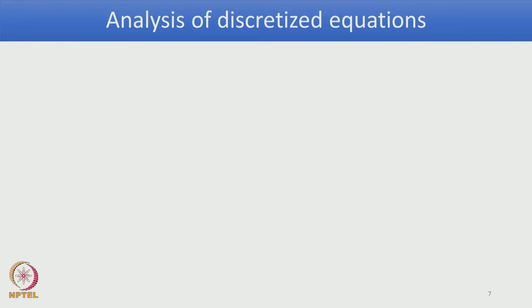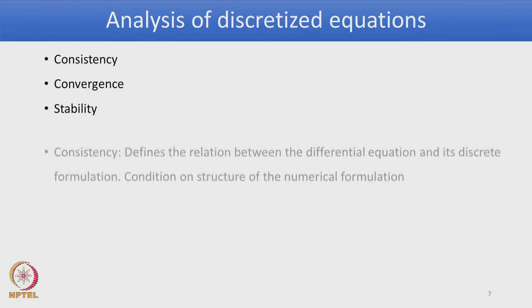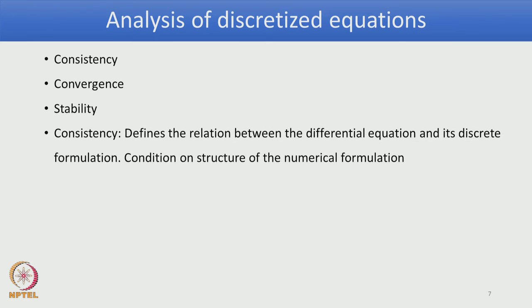Next, we go to the analysis of the discretized equation. We mentioned there are three aspects: one is consistency, second convergence, third stability. Definition of consistency: it defines the relationship between the differential equation and a discrete formulation.